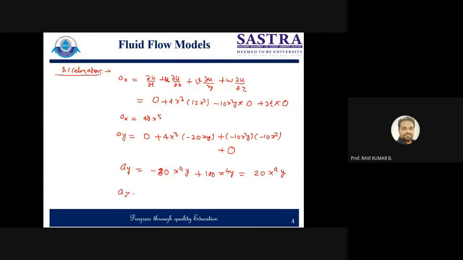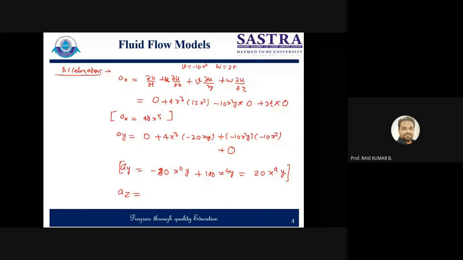Similarly, you go for az. So this is ax, ay, az. We are separately finding it out. Then finally we'll put it together in a single equation at the point, and we can find it out. So go for az again. So w is basically 2 times t, so w is equal to 2t is given. And better you write here, that will be very easy for you. Minus 10x square y, which is already given, and u was 4x cube. These are all given data.